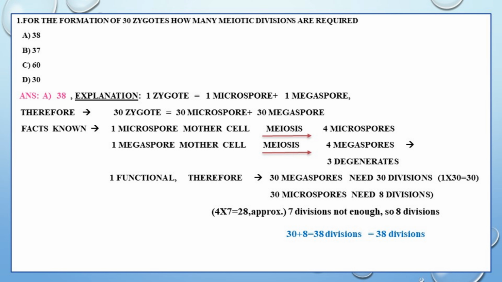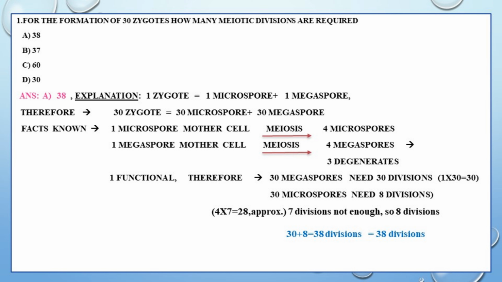And the facts known for us are one microspore mother cell undergoes meiosis to form 4 microspores. One megaspore mother cell undergoes meiosis to form 4 megaspores. Out of these, one will be functional, 3 degenerate.